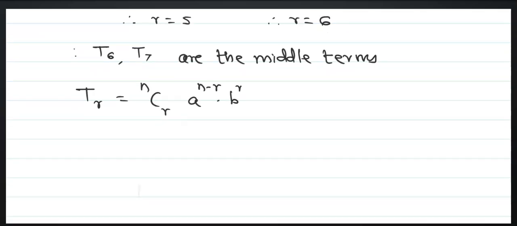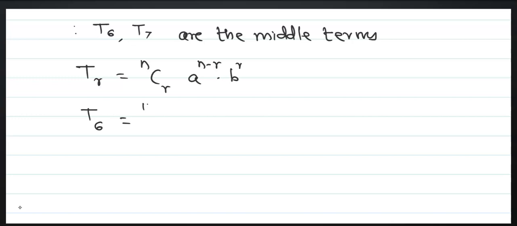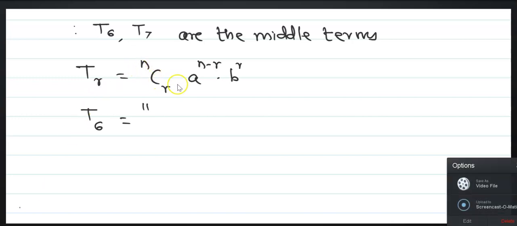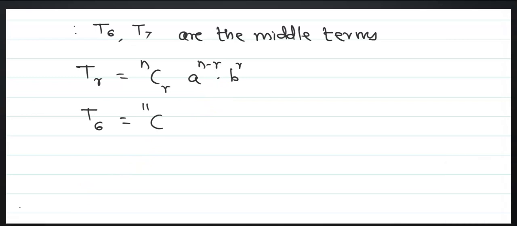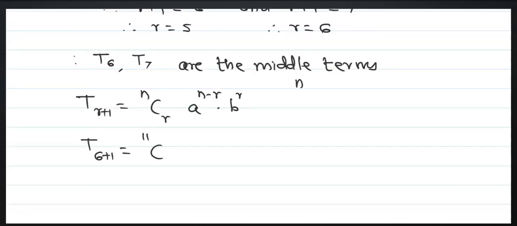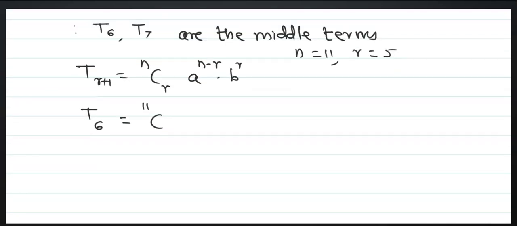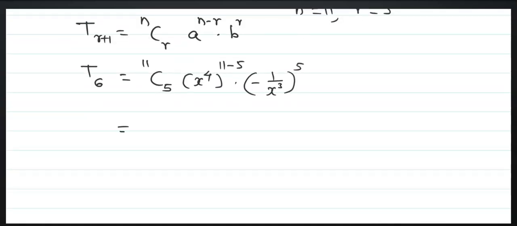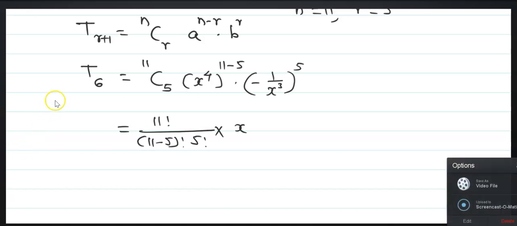T suffix R plus 1 is equal to NCR, A raised to N minus R into B raised to R. So T6 is equal to 11C5, x raised to 4 bracket raised to 11 minus 5, into minus 1 upon x cube bracket raised to 5. This is the formula.